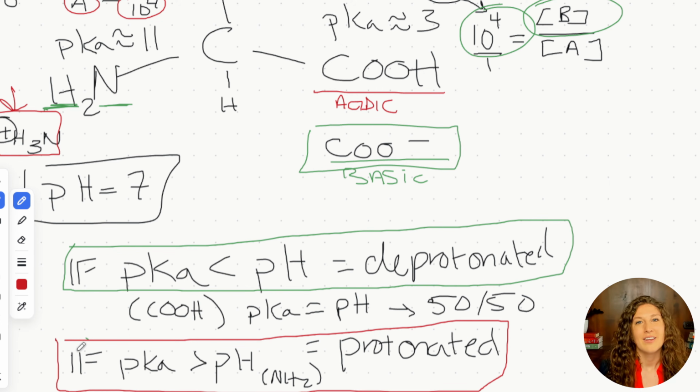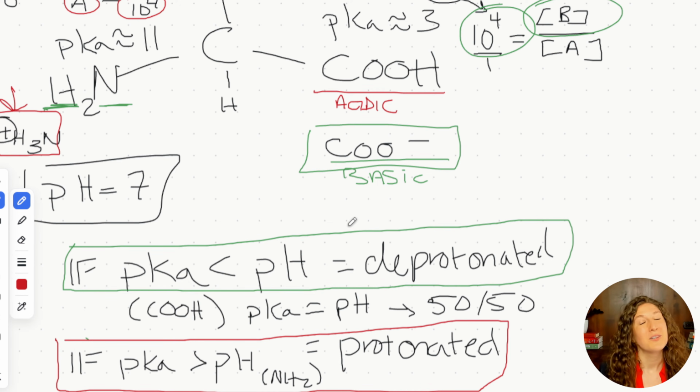And now that you know this relationship, you won't really have to do the math. Remember that it is a logarithmic relationship, so a 10 to the 4 difference in base over acid content relates to a pKa pH difference of just 4. So the pKa and pH difference is a linear relationship, but it's actually representing a logarithmic scale difference between the values.